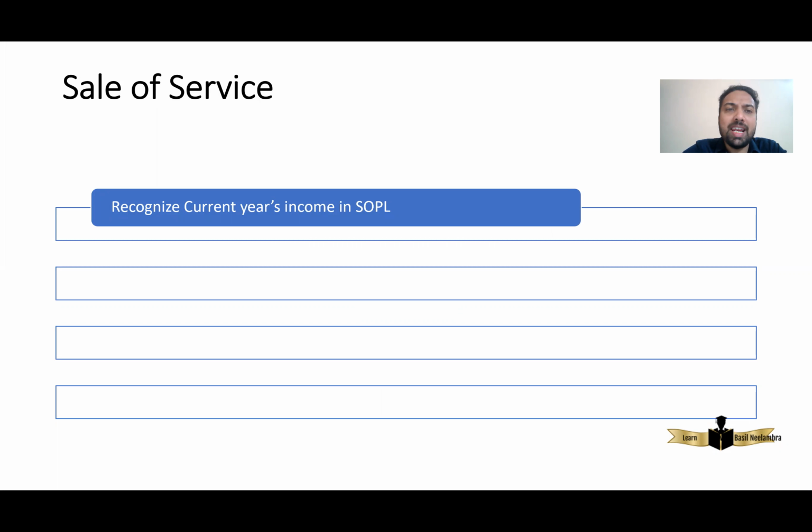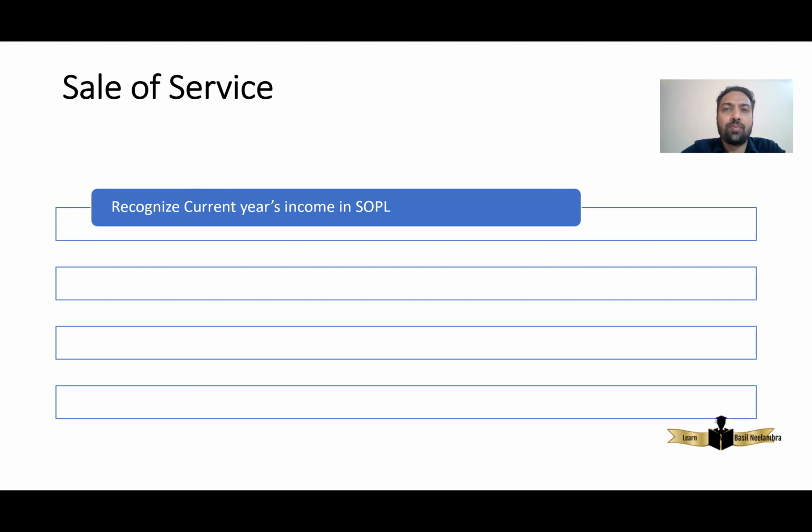The question will state that you have sold a product along with 3 years service, along with a 4 years maintenance contract, such thing. So they're saying you're selling a product. When you sell a product, that selling price, you can directly show in your SOPL as an income.